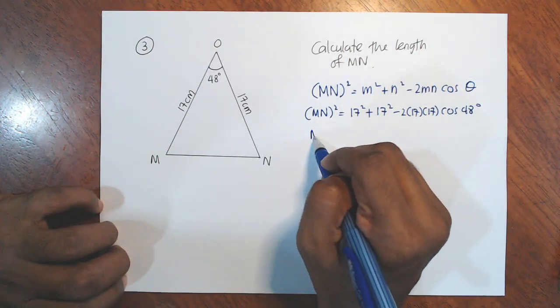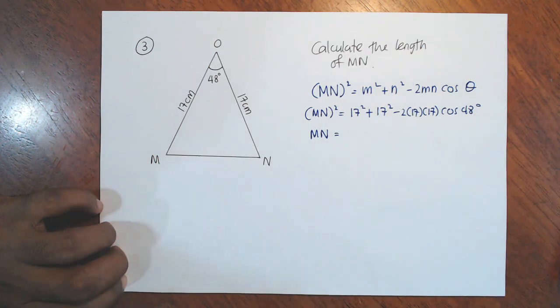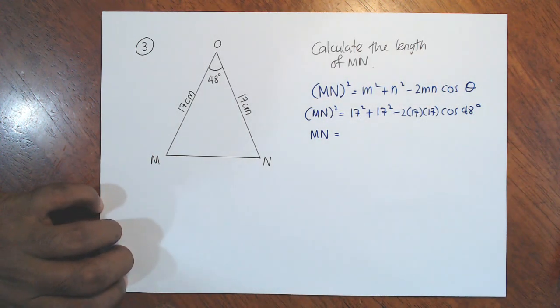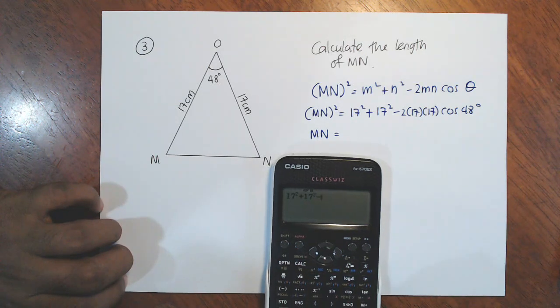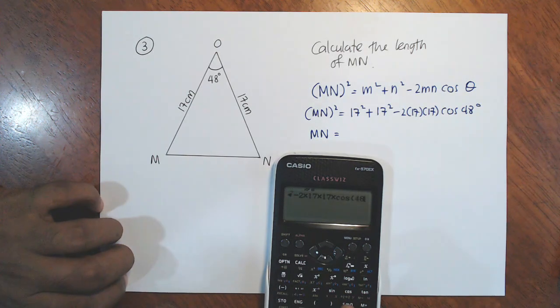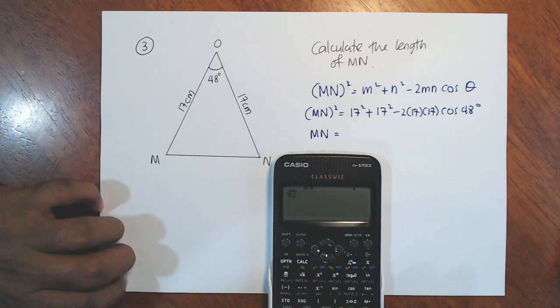Now to find MN, we have to calculate all this and then square root the answer. So it becomes 17 square plus 17 square minus 2 times 17 times 17 times cos 48. You get the answer and then square root the answer.